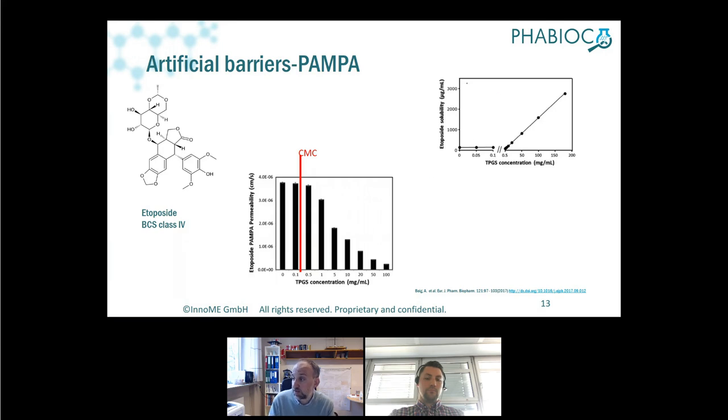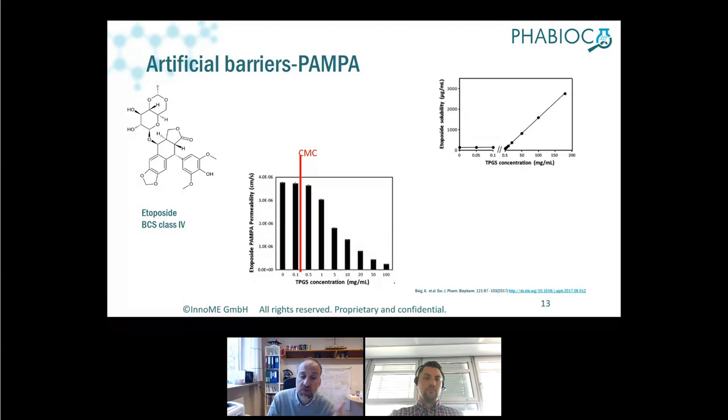This is logical because when the CMC is exceeded, we have solubilization of the drug, and these are lipophilic compounds that will sit inside the micelles, and therefore we have an increase in solubility. In this case, the PAMPA model will predict a drastic reduction in absorption.